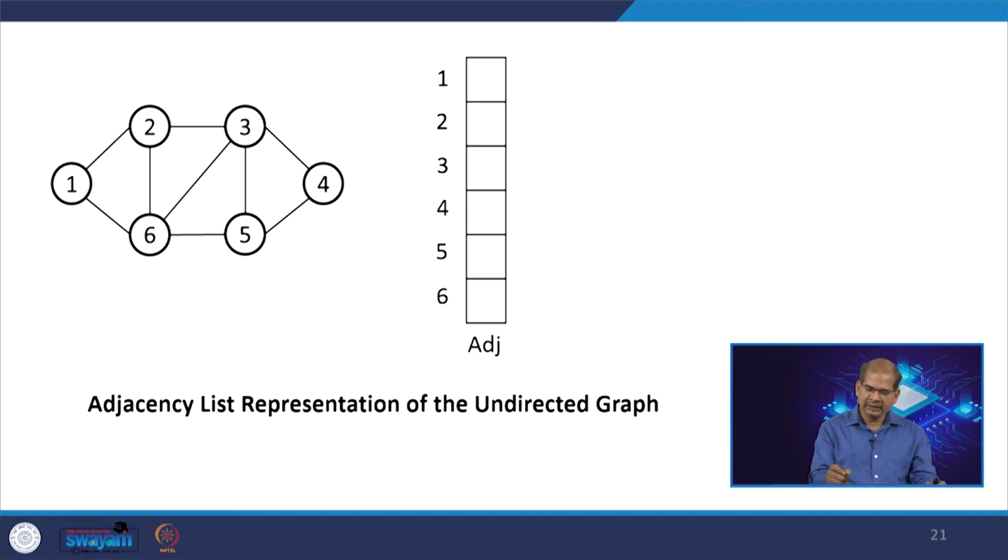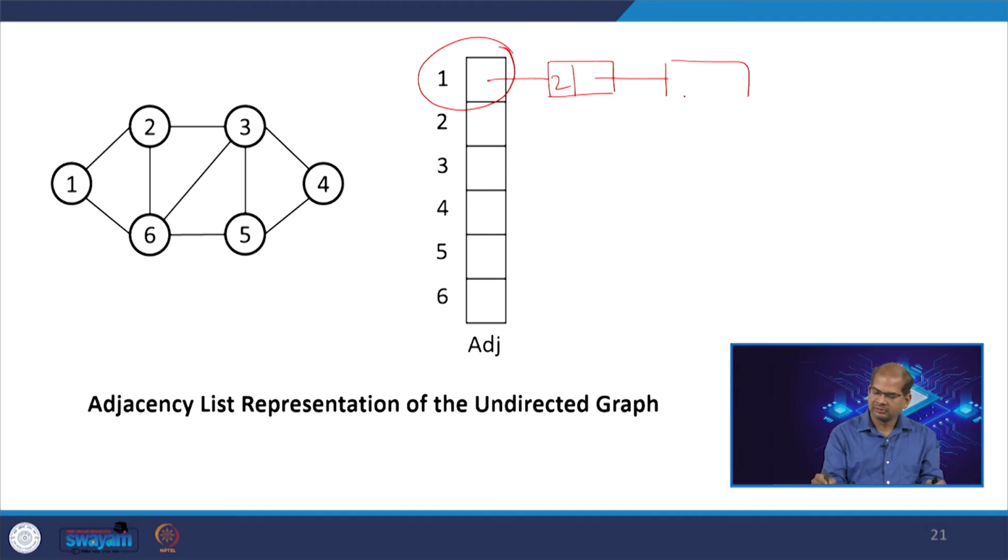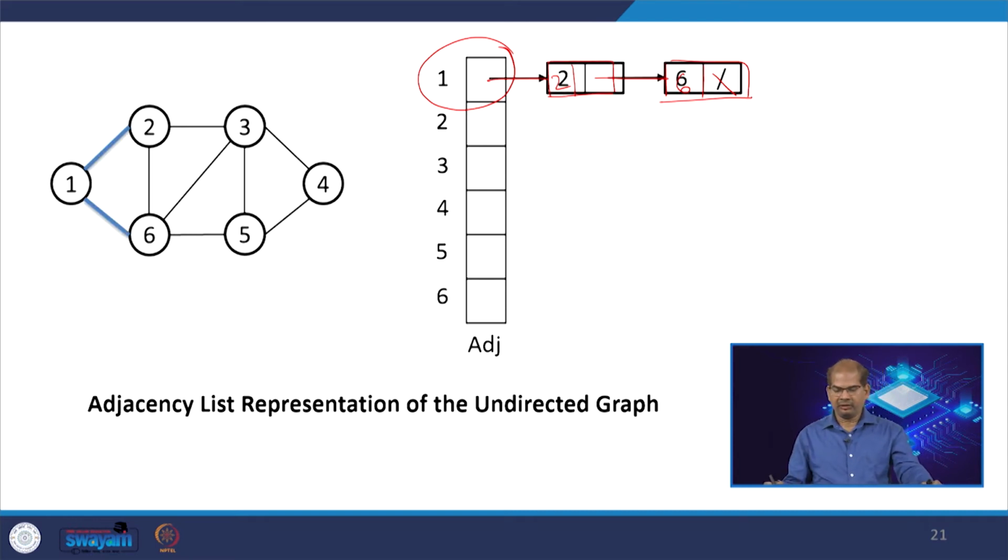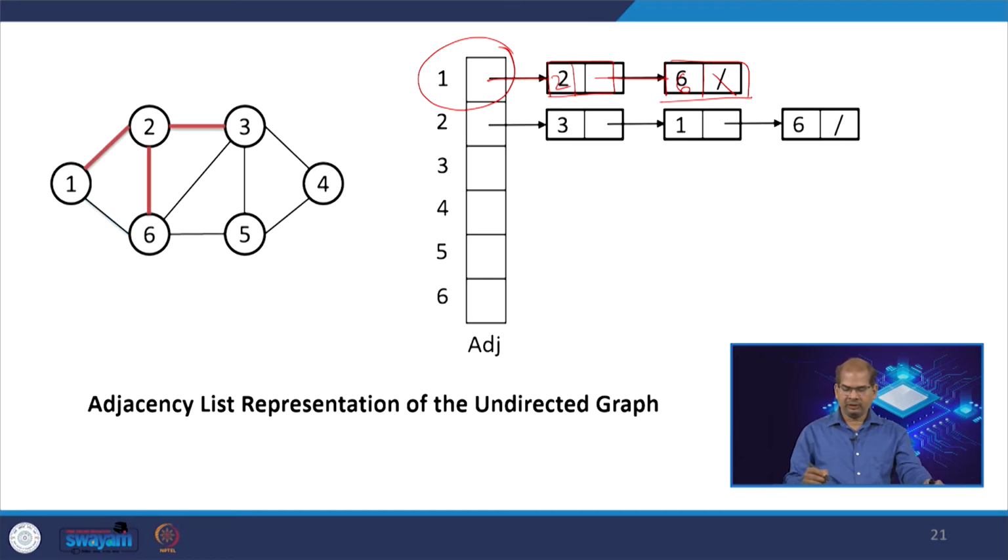Then for each vertex, let us say vertex 1, it is connected to 2 and 6. So, I have to write 2, then 6, then a null pointer. Similarly, I have to do it for all.